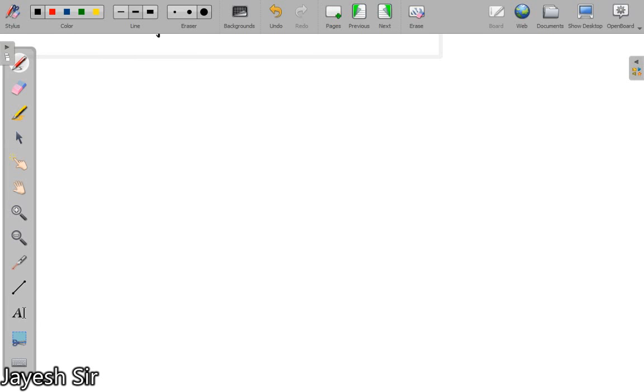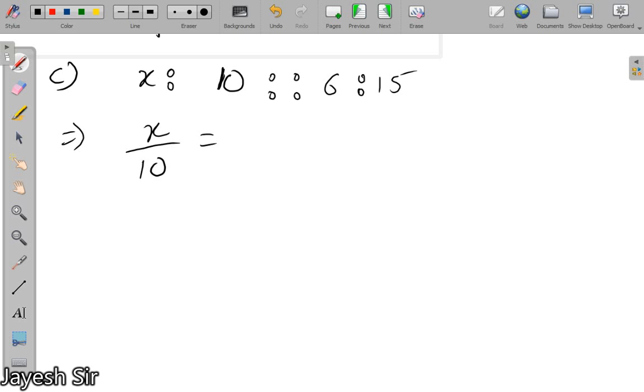Now let us take its C part. C part is x ratio 10 is proportion to 6 ratio 15. Okay, so let us simplify it. X upon 10 is equals to 6 upon 15. Once again simplification, 3 2s are 6, 3 5s are 15.